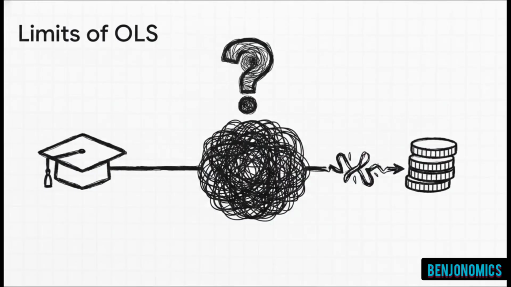And man, this really highlights a massive limitation of standard OLS regression. Because OLS fundamentally assumes our independent variable, schooling, is completely uncorrelated with any unobserved errors. And when that assumption fails, we're stuck. We literally cannot answer why the income went up.